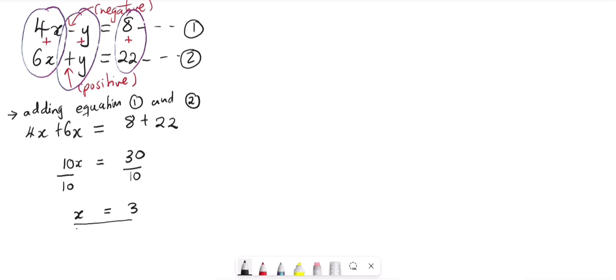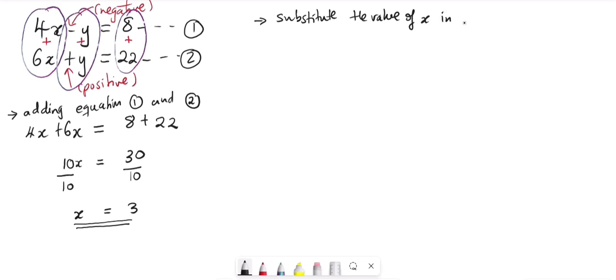So we are not yet done. We now need to find the value of y. So now what we're going to do, we're going to substitute the value of x in any of those two equations.